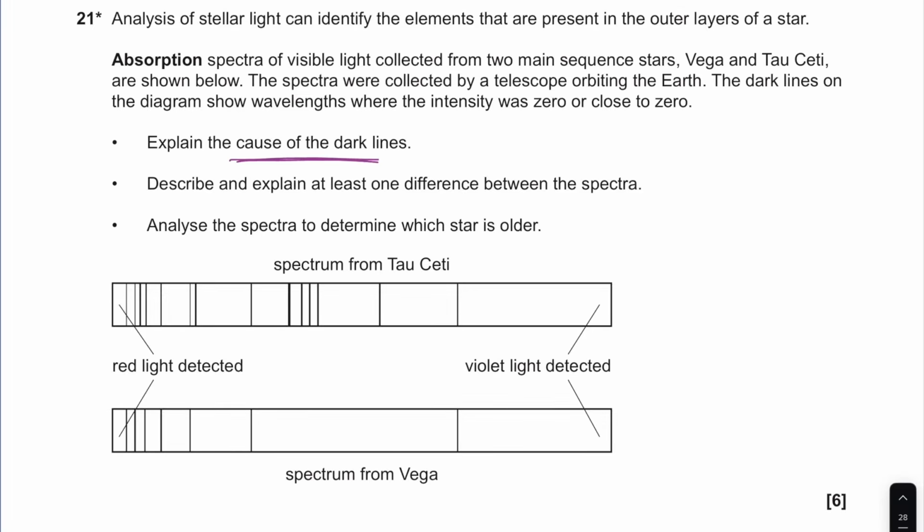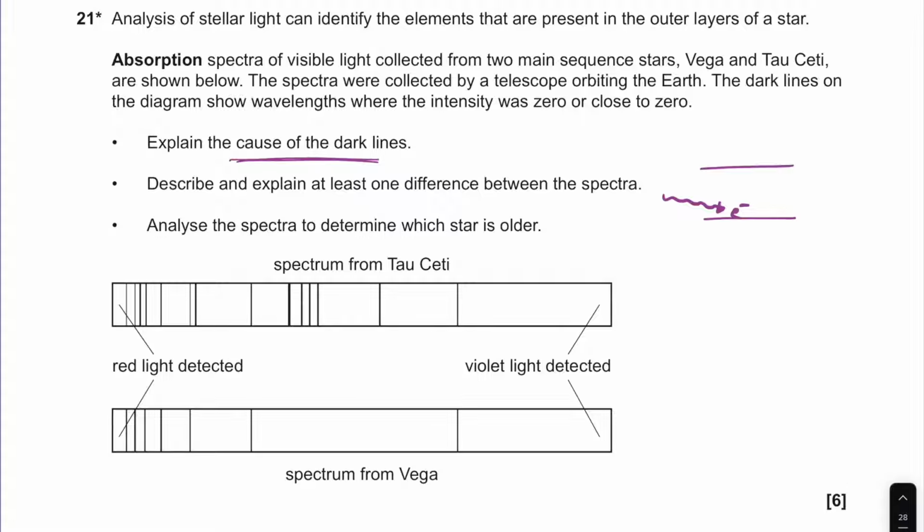What happens is, let's say you have an atom, and this atom has two energy levels, hypothetically speaking. An electron is sitting here. Now, when an incoming photon comes in and this electron absorbs this photon, it would be able to jump up.